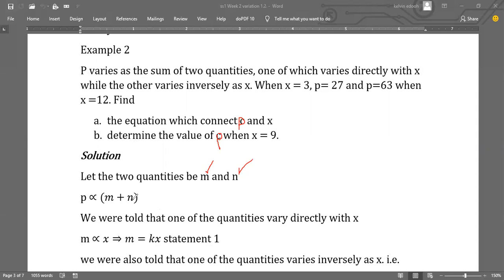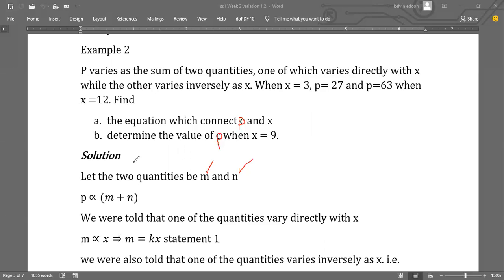Now the next thing we're going to analyze. We are told one of these quantities, m or n, varies directly with x.